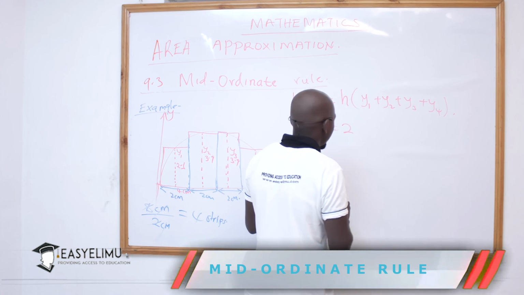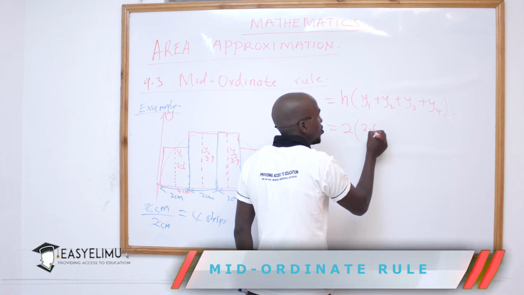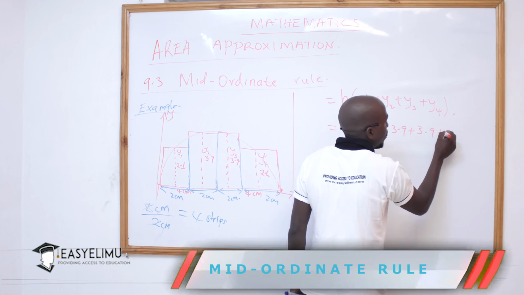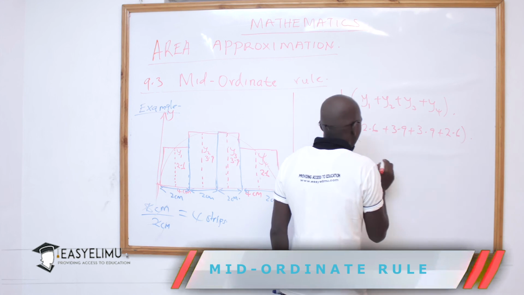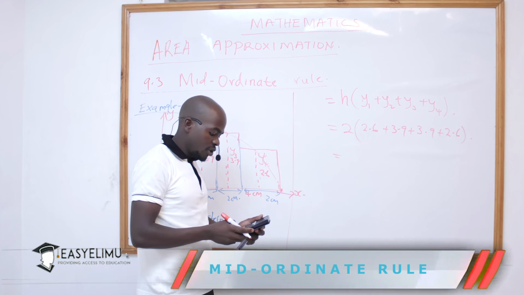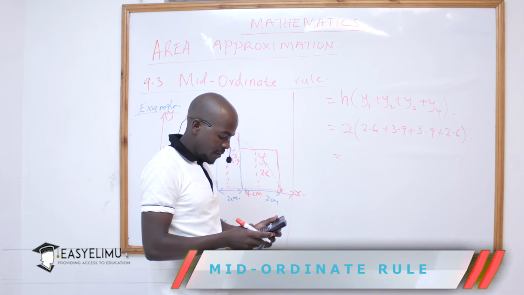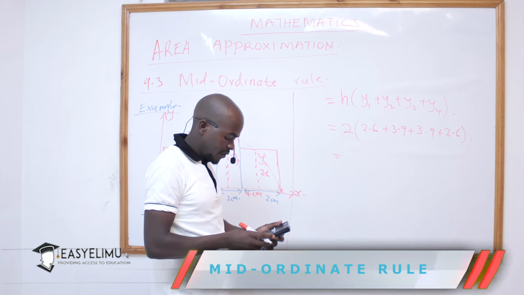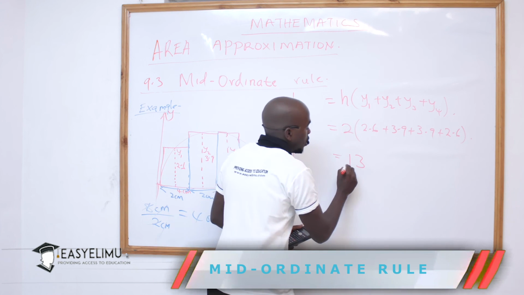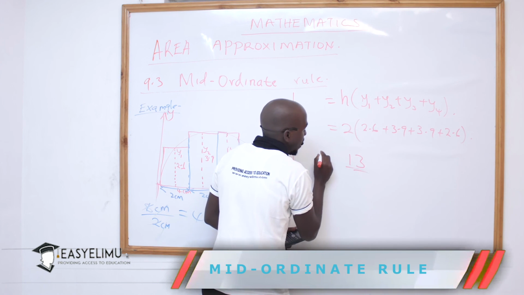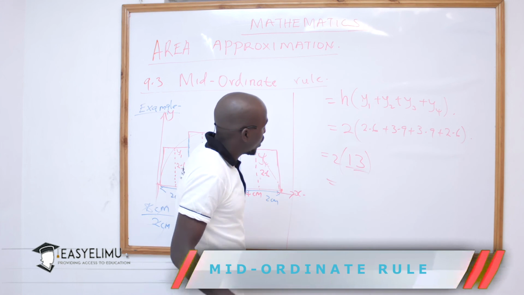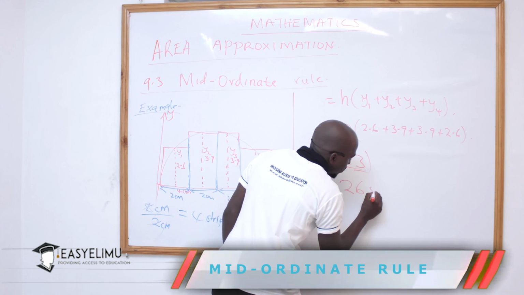The first y is 2.6, the second 3.9, the third 3.9, and the fourth 2.6. Adding them together, 2.6 plus 3.9 plus 3.9 plus 2.6, we get 13. Remember we have the 2 outside, so after multiplying by 2, we get 26 square units.